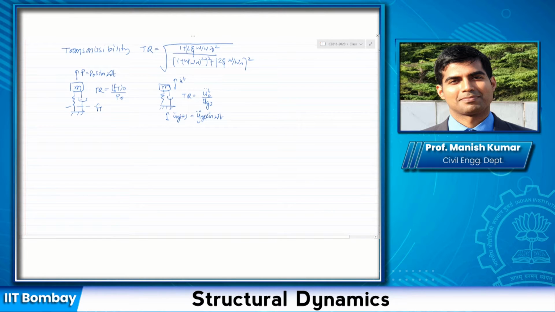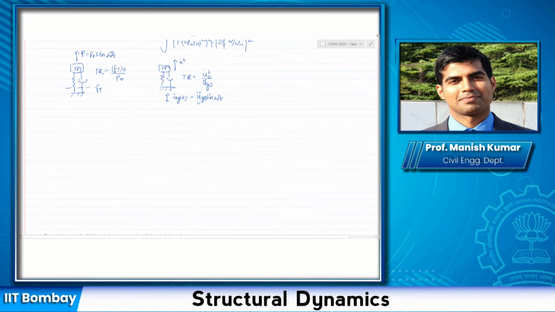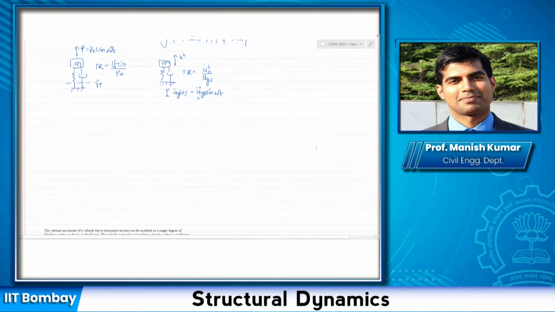There was a third case in which the base excitation was not represented in terms of acceleration, but in terms of displacement excitation. For example, I gave you an example of a moving vehicle over an elevated roadway, and due to creep, you get excitation in the vehicle. So let us discuss the third case.